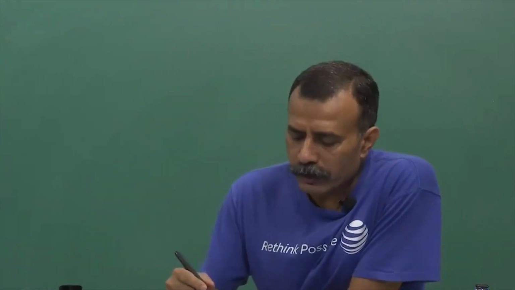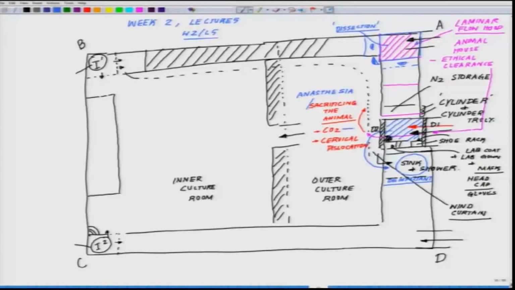So, let us assume in this situation, then you wanted to do a CO2 sacrificing. So, that again brings us that you needed a supply of CO2, which most of the labs currently across the world do.